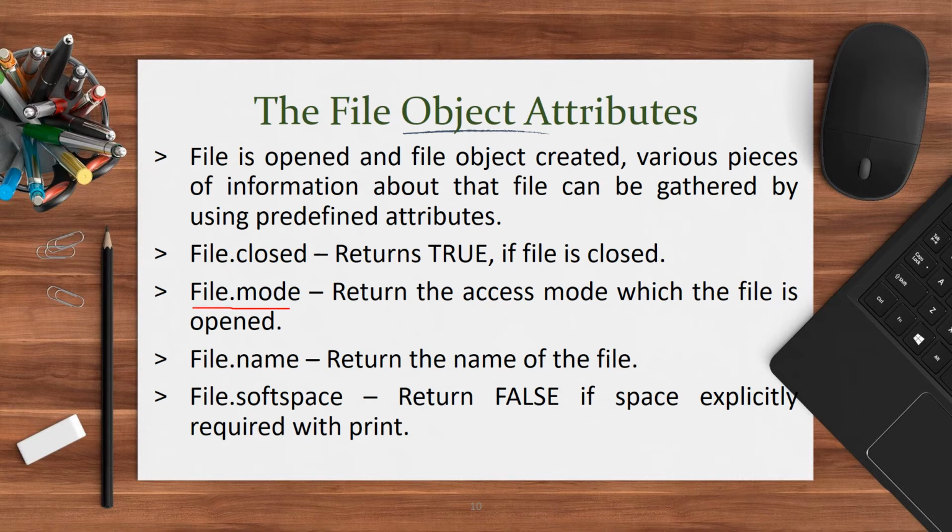Then file dot mode returns the access mode in which the file was opened. The next one is file dot name, which returns the name of the file. Then file dot softspace returns false if space is explicitly required with print, otherwise it returns true.